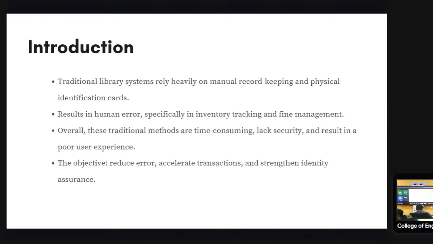For librarians also, library operations like tracking are highly manual. All this results in human error, is time consuming, and lacks security. So our objective is to reduce error, accelerate transactions, and strengthen identity assurance, that is, to enhance the overall library experience.